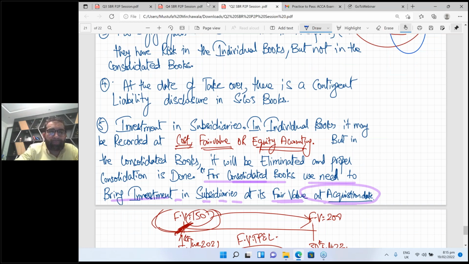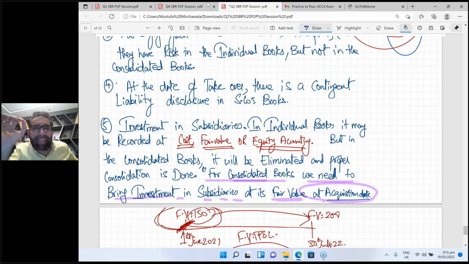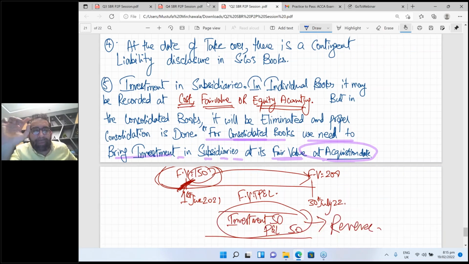Just think, when parent company acquires S company, normally this acquisition is done through shares, okay? Like parent company has bought 80%, 90% or 100% shares. So in the individual books, hope you remember, we simply write investment on the asset side.